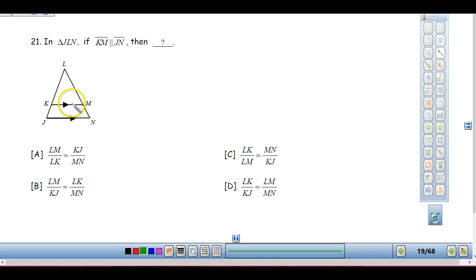Okay, this one, if these were parallel, things were a little bit different. Remember that LK goes with KJ, so that's this one right here, and LM goes with MN. So that is this guy right here. This side is proportional to this side, and this side is proportional to this side.